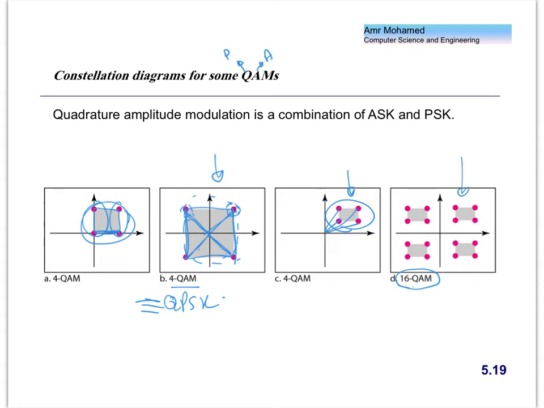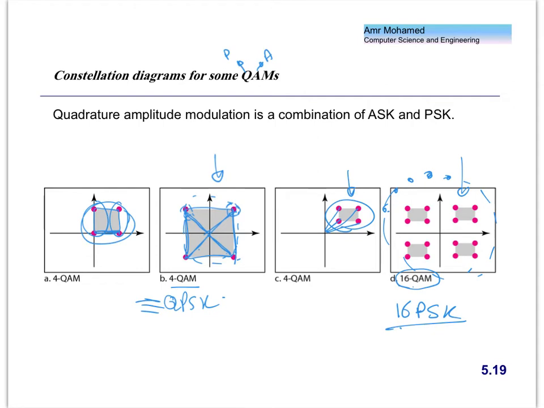And of course, if you have 16 PSK, then you have to arrange all the 16 symbols very close to each other in one circle, right? Because for PSK, the symbols have to have the same amplitude. واضحة دي يا شباب؟ For PSK symbols, they must have the same amplitude.